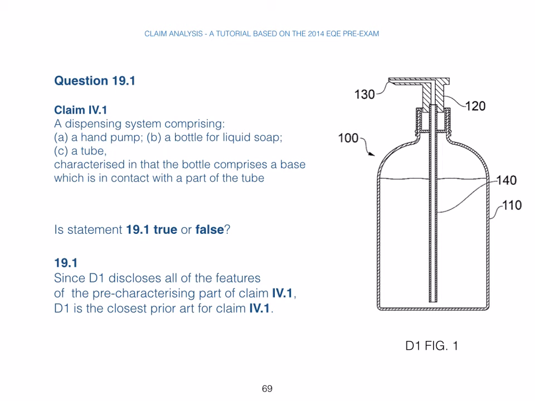So D1 discloses a dispensing system comprising a hand pump, a bottle for liquid soap, and a tube, and it also has a base, but the base is not in contact with a part of the tube. True or false? Is D1 the closest prior art?